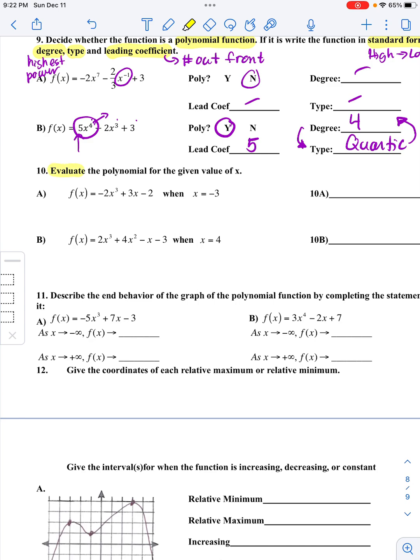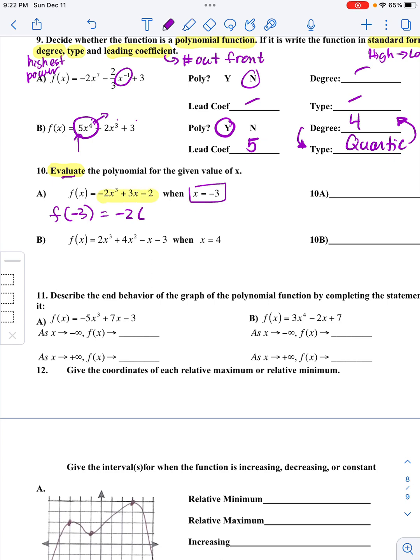Evaluate, remember that the root word of evaluate is finding the value, and that finding the value means you are plugging in a number. So the other way they're going to write this is going to be f of -3. That means the same as plugging in -3 for the x's. You really have to be careful with what you type in. You have a -2, that's part of the rule. You cannot change the rule.